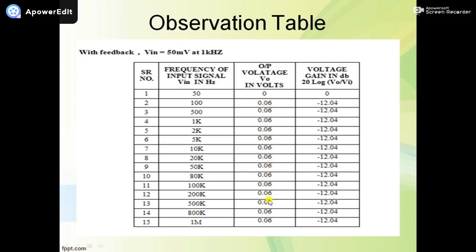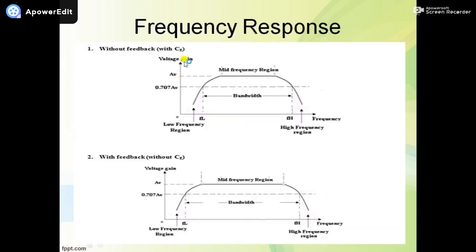After some 800 kilohertz or 1 megahertz frequency, again the output voltage decreases. So here you will get the idea about the observation table, that means the frequency response of without and with feedback.